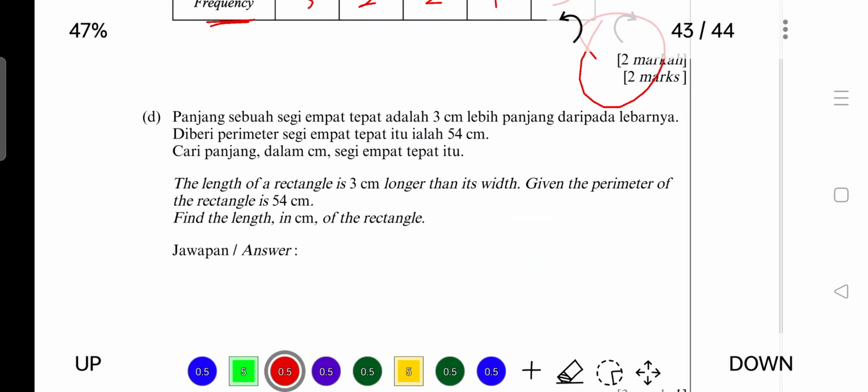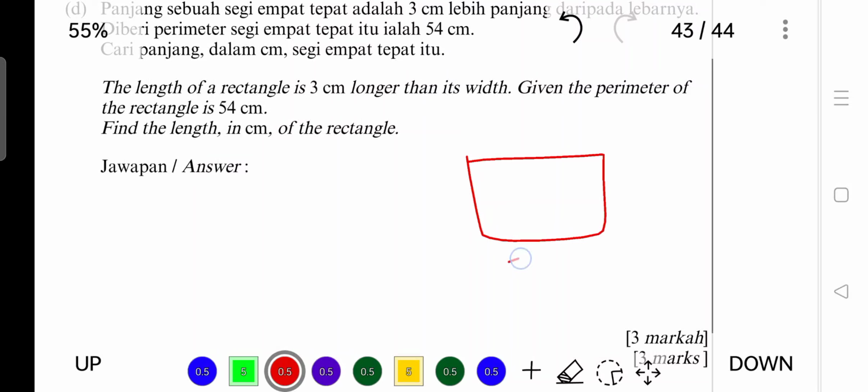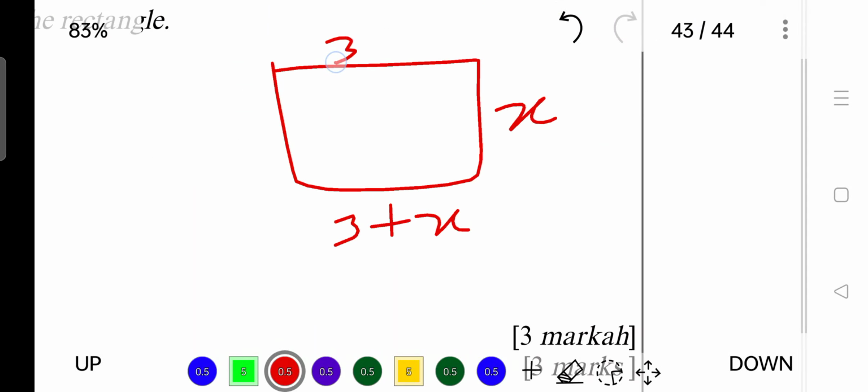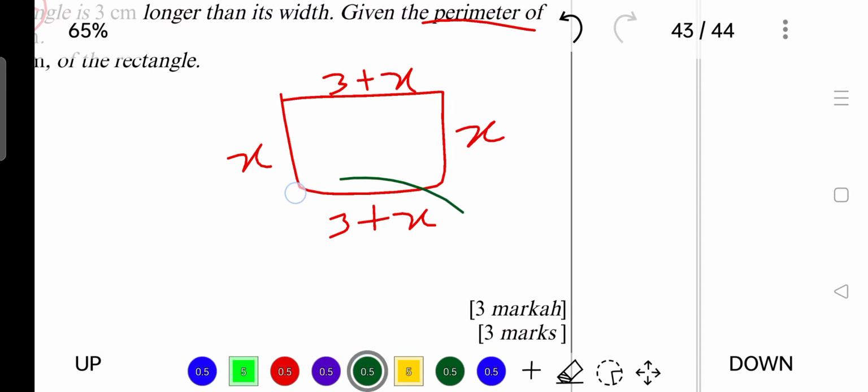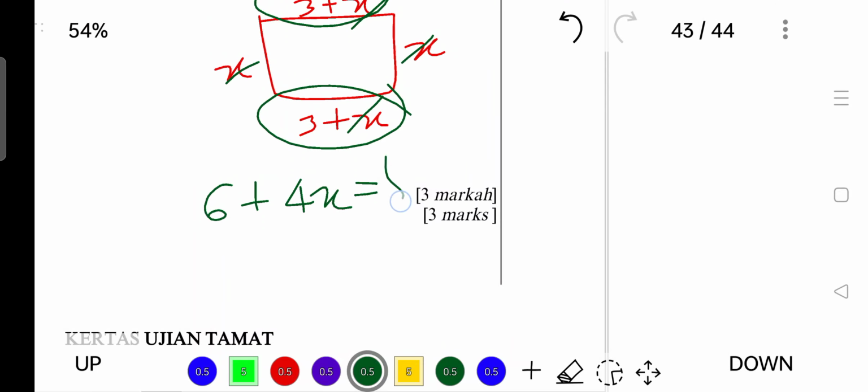Okay, next, the length of a rectangle is 3 cm longer than its width. We don't know the width. Let's say x. So the length is 3 plus x. Given the perimeter is 54. We have seen this same type of question repeating; we have done a similar question earlier. So 3 plus 3 is 6, plus 4x, equivalent to 54.